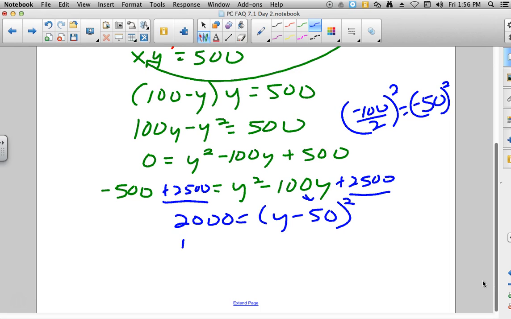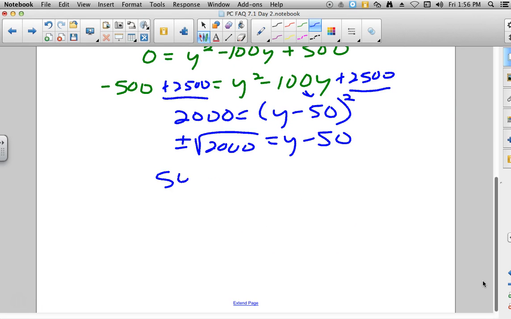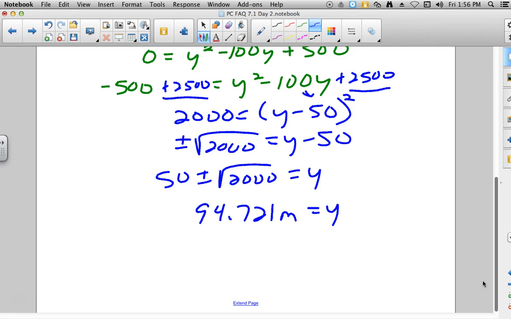Now we would square root both sides. And then we would add 50. And we check out what we get. So if we take 50 plus the square root of 2,000, that will give us one of our answers there, and that will be 94.721 meters for y.